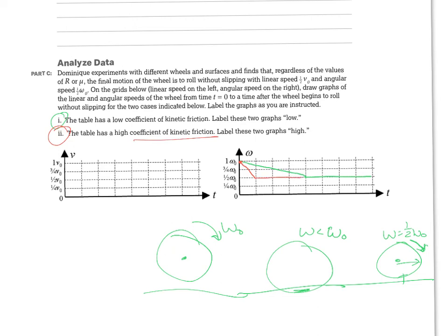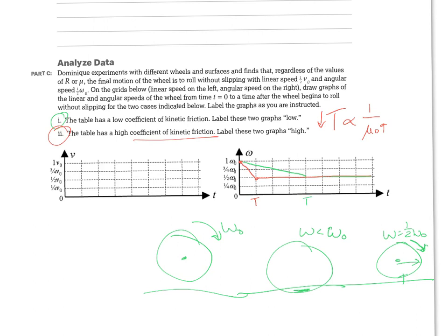And this is getting back to the idea of time being dependent on 1 over the coefficient. If that coefficient goes up, the time it takes to start rolling without slipping goes down, and therefore the red will get to that spot quicker. Like this is its capital T, whereas the green one takes up to here to get to its capital T.